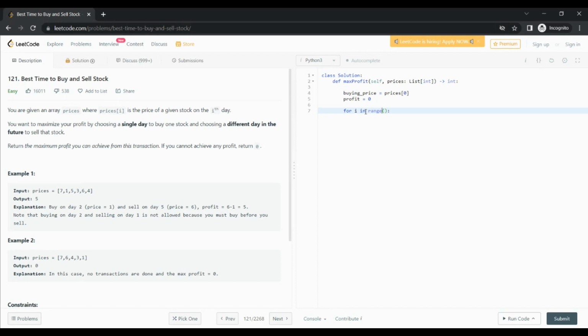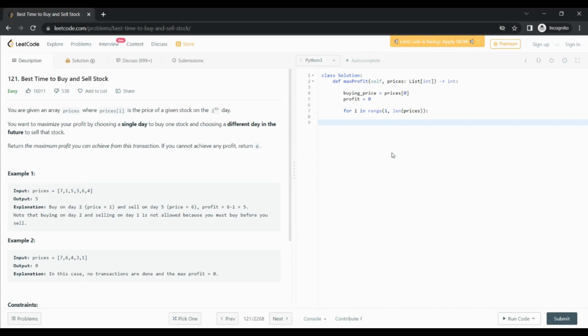And it's pretty similar or probably easier in other languages. For example, in Java or C++, we just start i from 1 in our case. So we have the prices there.